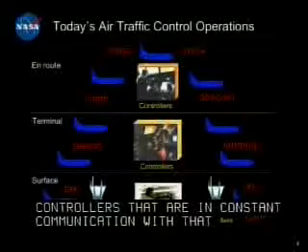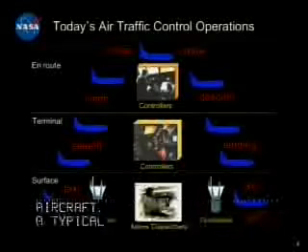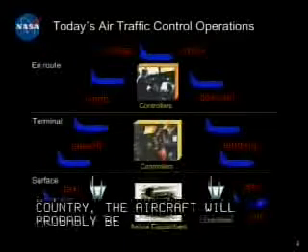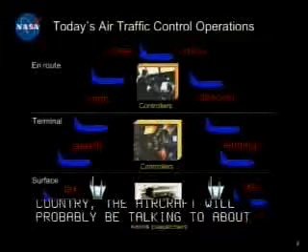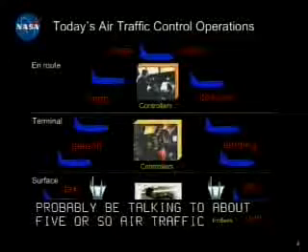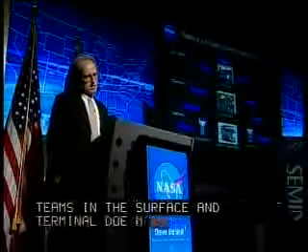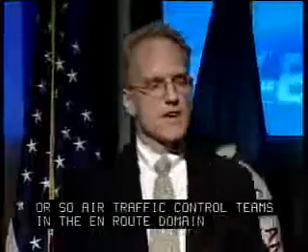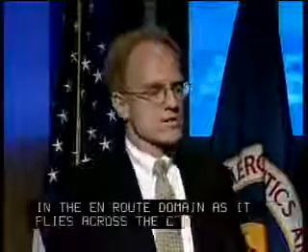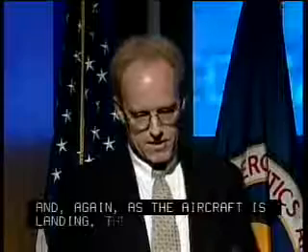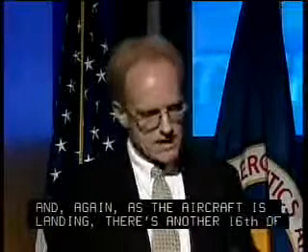A typical flight across the country, the aircraft will probably be talking to about 5 or so air traffic controllers or air traffic control teams in the surface and terminal domain, and another 20 or so air traffic control teams in the en route domain as it flies across the country. And again, as the aircraft is landing, there's another 6 teams of controllers that the aircraft is talking to during the descent and landing phase.